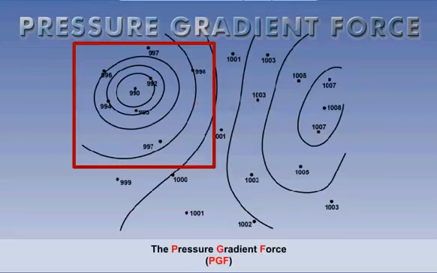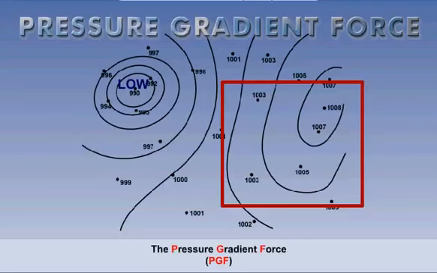Closely spaced isobars tell us that the pressure gradient force is strong. This is common in low-pressure systems. Widely spaced isobars tell us that the pressure gradient force is weak. This is common in most high-pressure systems.